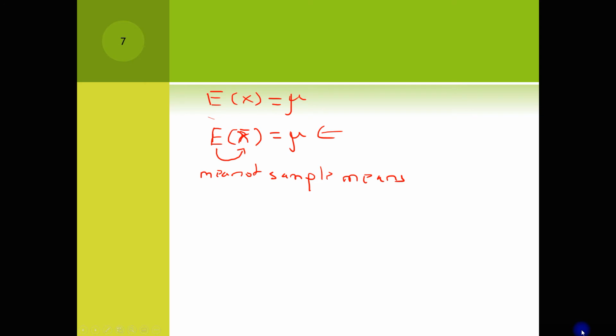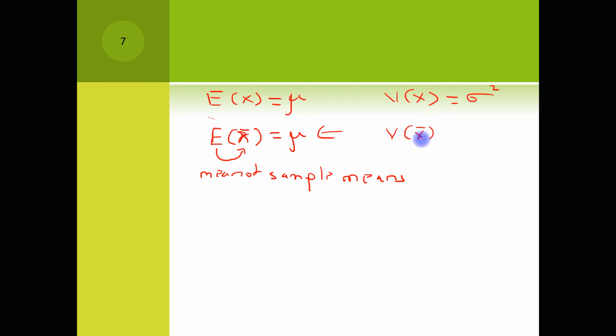How do we write this down? Remember that the variance of x was defined as sigma squared, or the standard deviation as sigma. When we talk about variation, we look at the variance of x bar.